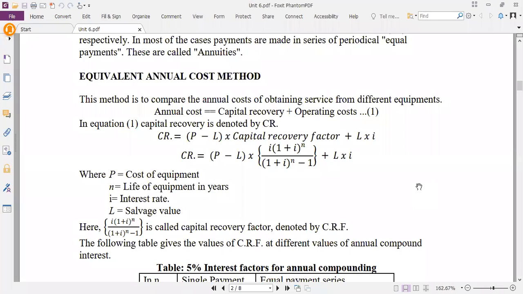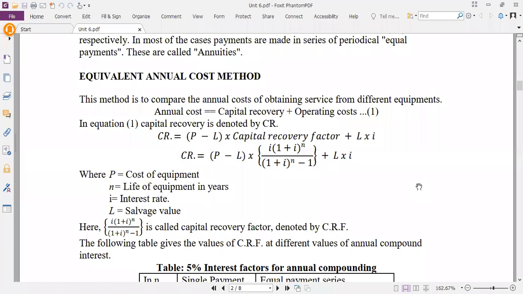Here, the bracketed term, I into (1 plus I) raised to n divided by (1 plus I) raised to n minus 1, is called the capital recovery factor, denoted by CRF.